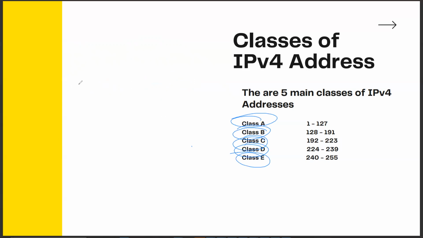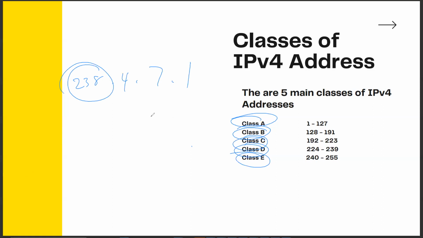Just at random, we can pick any number. On top of my head, I'm thinking about 238.4.7.1. If I want to know the class of an IP address, the first thing to do is check the first number. Based on the first number, you can categorize it into a particular block of numbers.